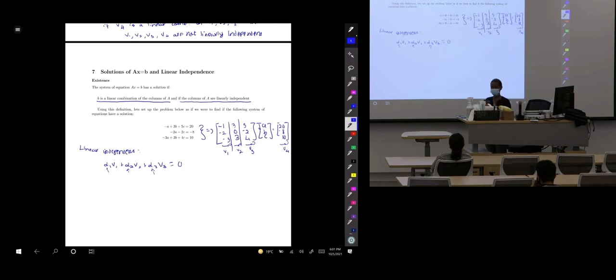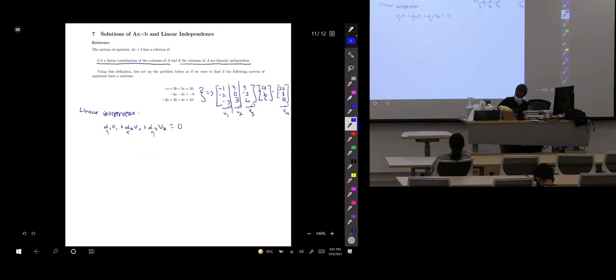If alpha 1, alpha 2, alpha 3 are not all 0, then we know for a fact that V1, V2, and V3 are dependent. If alpha 1, alpha 2, and alpha 3 are all zeros, then V1, V2, and V3 are independent, right?